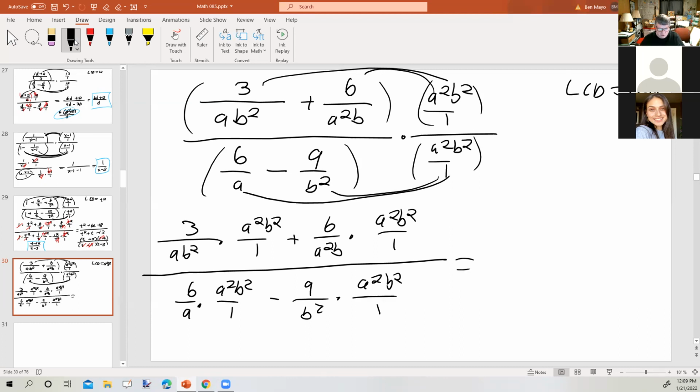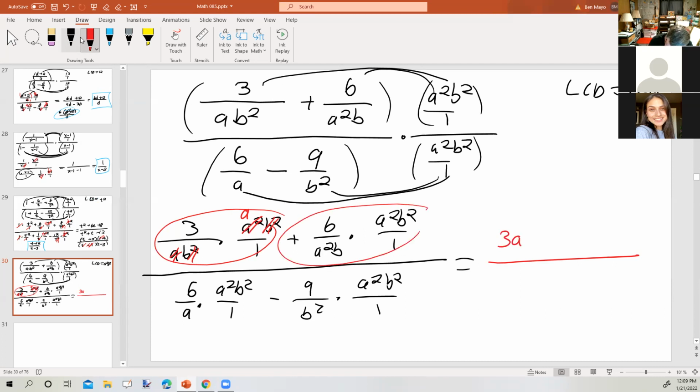Boy, you really got to make sure you can read your own writing here. This is a 6. Okay. Let's see. A squared over a is an a on top. B squared over b is just 1 over 1. So this whole thing becomes 3a. Okay.